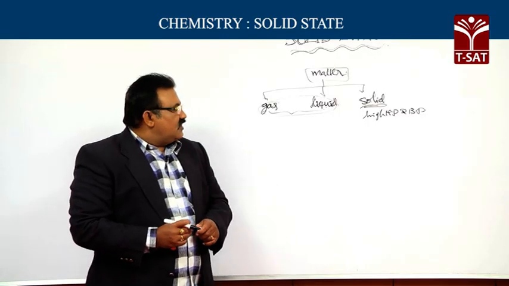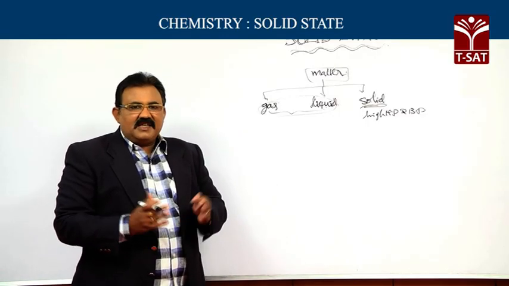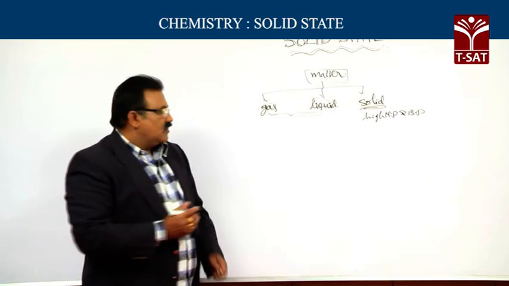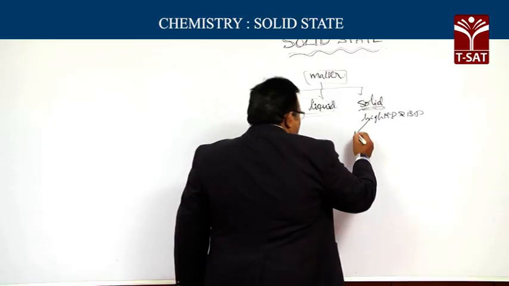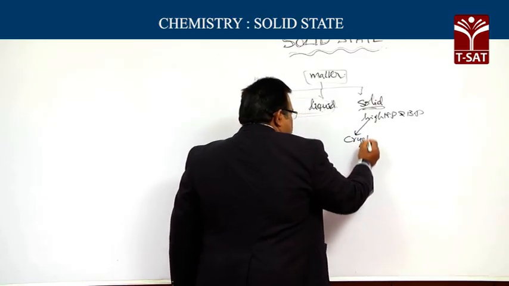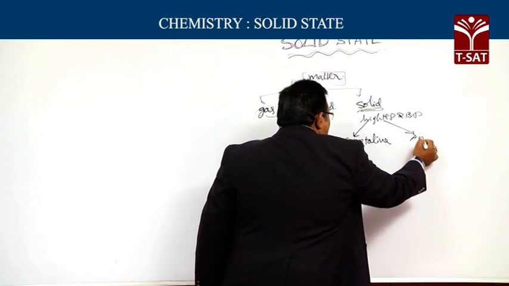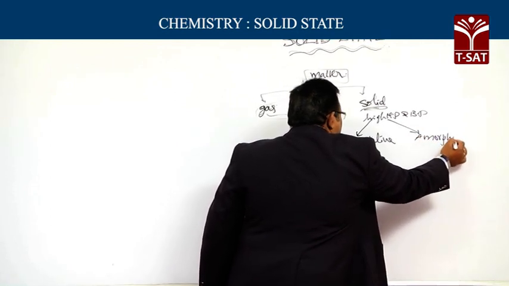So, in this solid state, generally solids are of two types: crystalline solids and amorphous solids.